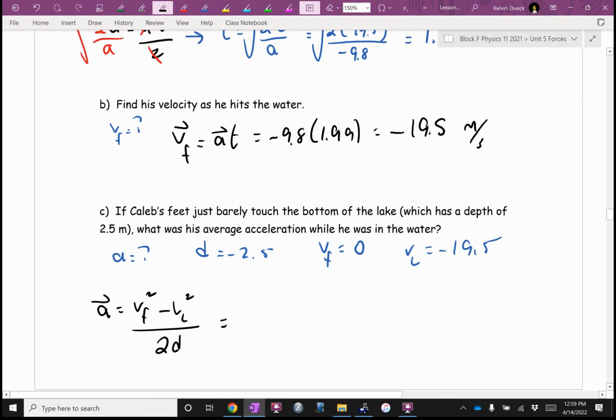Okay. 0 squared minus negative 19.5 squared. I'm going to hit my answer button right there, squared. All over 2 times negative 2.5. Because you let down be negative and we've reasoned that we're accelerating up, we better get a positive answer with your reference frame.